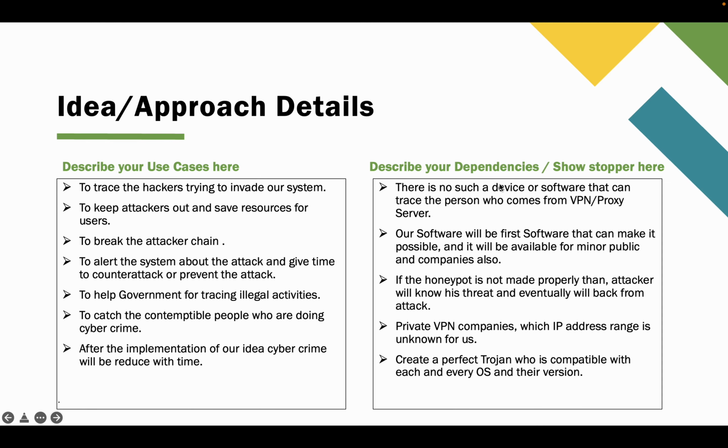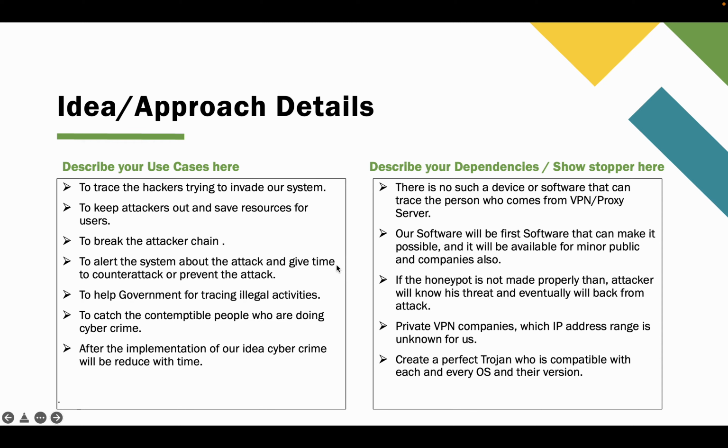What are the dependencies and existing software? There is no such software in the current market that will trace an unauthorized person who comes from a VPN server. Our software will be the first software that makes it possible, and it will be available to the public and to small companies as well.